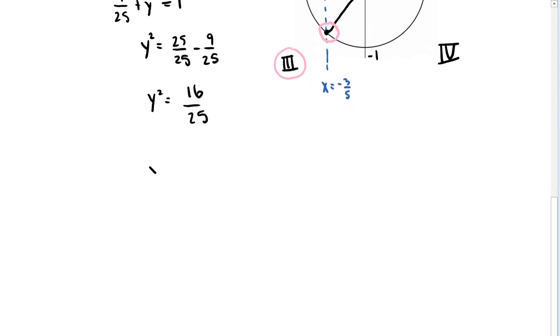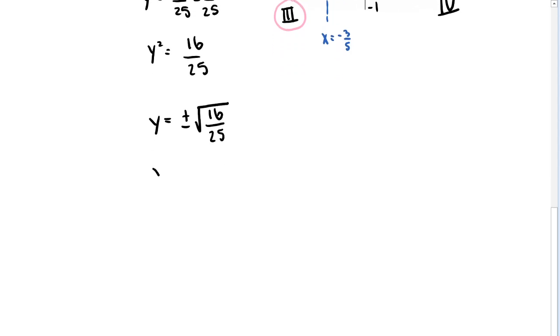And then the two values of y that make this true, I take plus or minus the square root of both sides to get y is plus or minus. We can break apart square roots across division, and I would take the square root of the top to get 4, and the square root of the bottom to get 5.